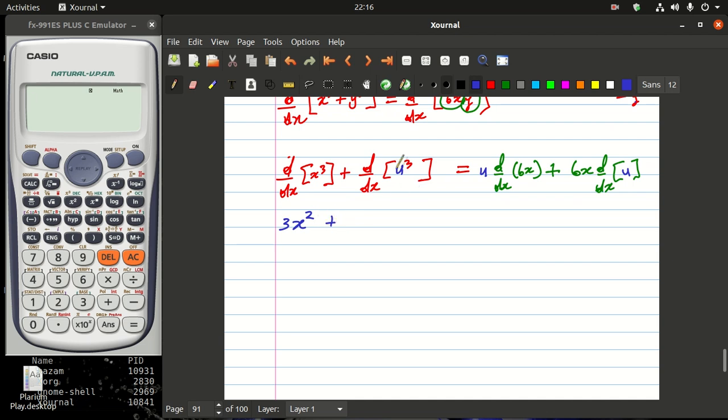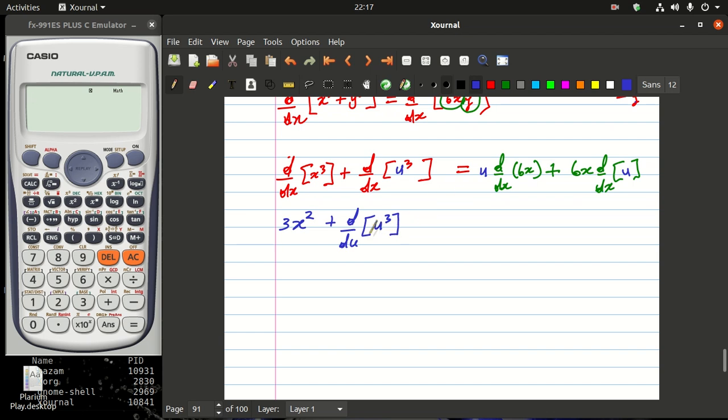Plus, and then when it comes to this one, here is a u and here I have an x, so I want to be able to take the derivative of this thing. How can I do that? I want to take a derivative with respect to u, so I am going to take du so that I can take the derivative with respect to u here. So I will end up having u cube.